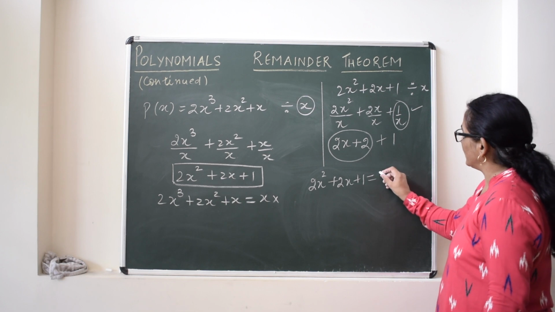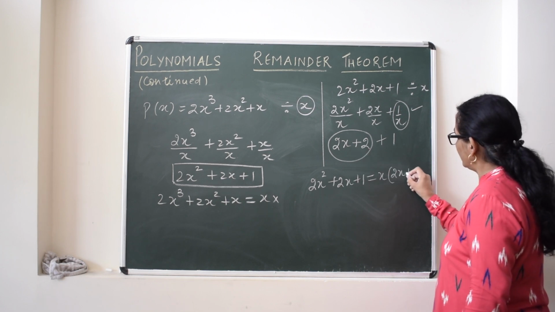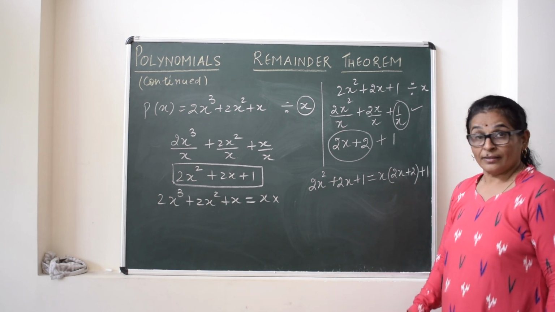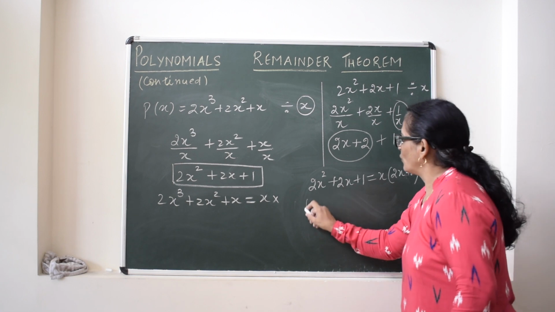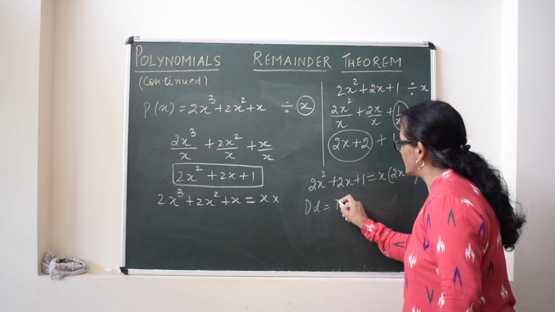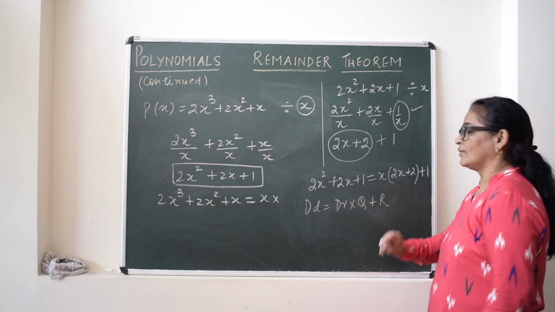This is something you have already learned in previous classes: dividend is equal to divisor into quotient plus remainder.